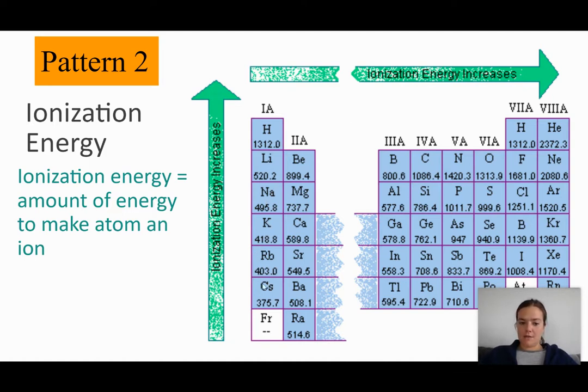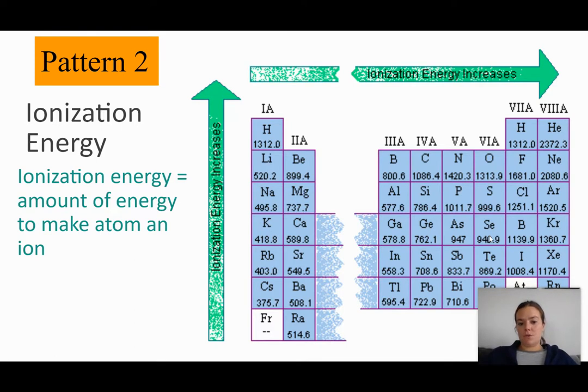We would notice that as you pick a column and go up the column, there are a couple that don't follow the rule exactly, but in general, you'll notice that as you go up the periodic table, the ionization energy increases. Now you also can notice as you go across the periodic table that, again, there's a couple of imperfections, but the ionization energy numbers are also increasing.